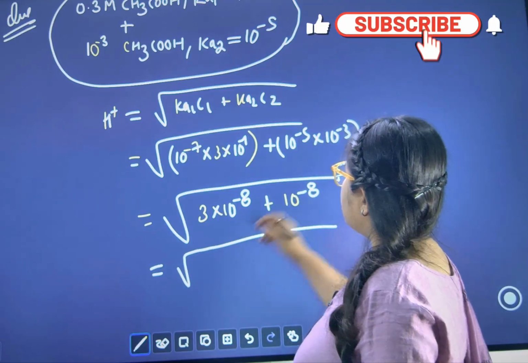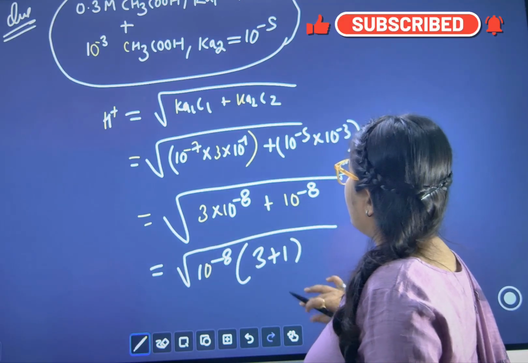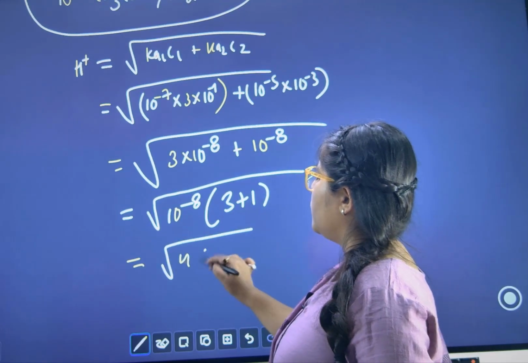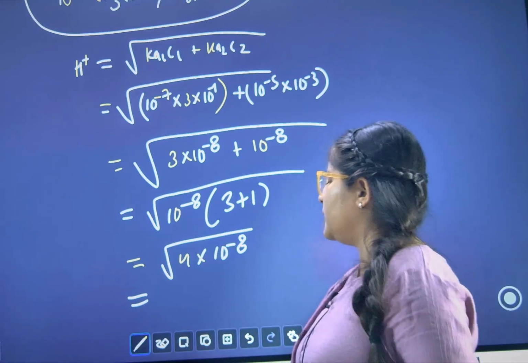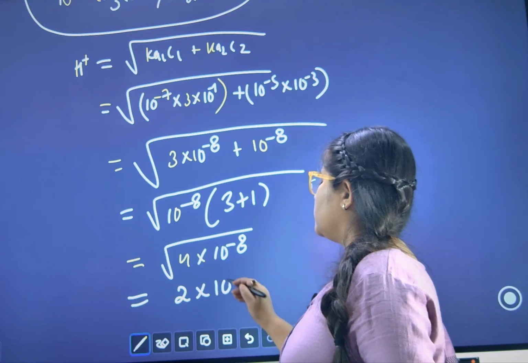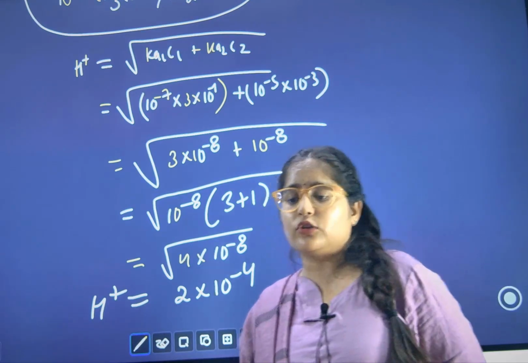So here can I say 10 to the power minus 8 as a common, so it will become 3 plus 1. So from here it will come under root 4 into 10 to the power minus 8. So 4 into 10 to the power minus 8 will come out of the root and it will become 2 into 10 to the power minus 4. So our H ion is coming 2 into 10 to the power minus 4.